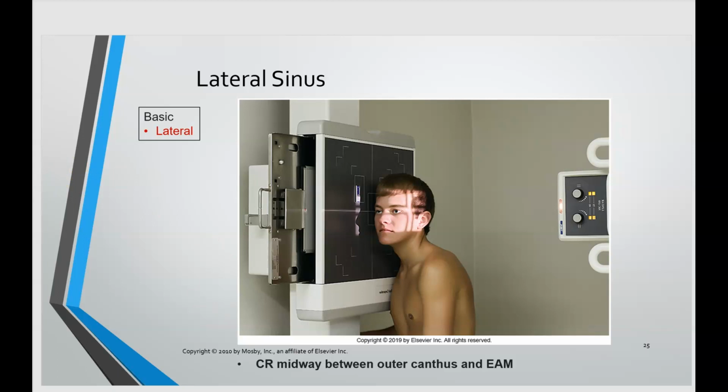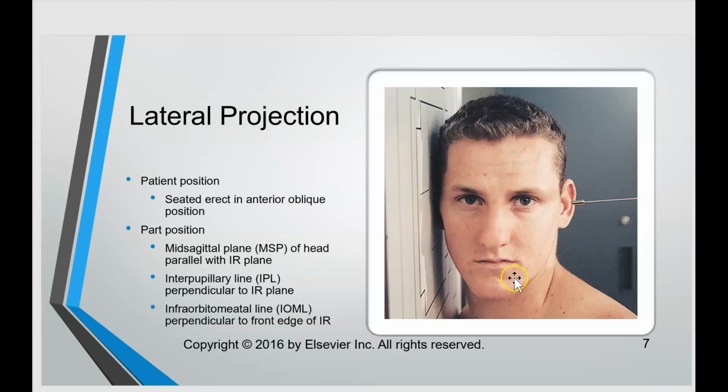For your lateral projection, your central ray is going to enter the patient halfway between the EAM and the outer canthus. That's going to make sure that our central ray is in the middle of our sinuses. And remember, they extend all the way posterior back through that sphenoid and all the way anterior to our maxillaries.